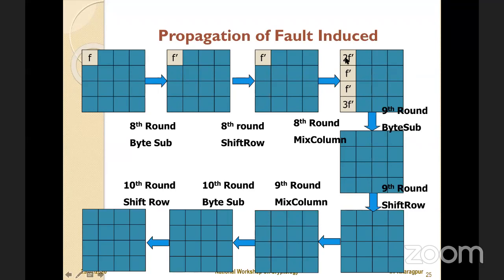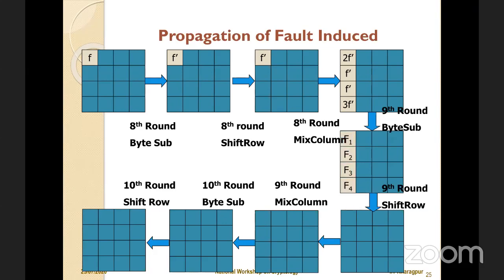The first column at the output of the 8th round MixColumns should ideally take 2^32 values, but because of this fault it can take only 2^8 values, because F dash can take 2^8 values, and depending upon F dash, this column has a fixed value: 2F dash, F dash, F dash, and 3F dash. So the entropy of this column reduces from 32 bits to suddenly 8 bits, and that is the reason why a fault attack can work.